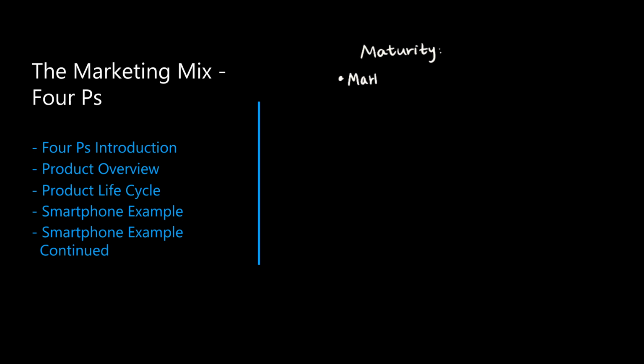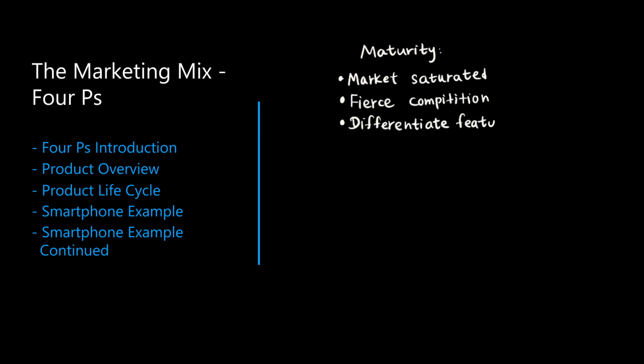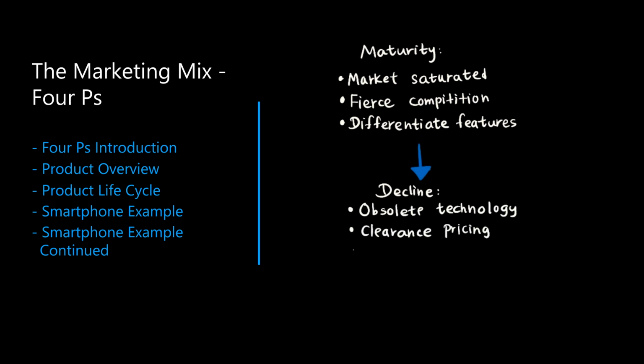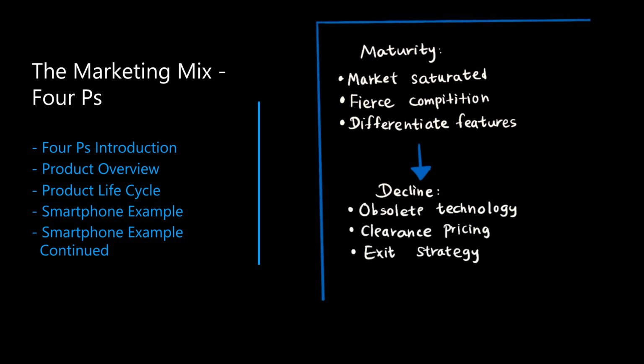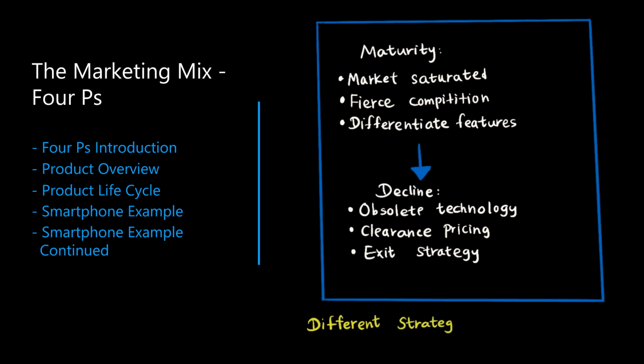At maturity, the market is saturated, competition is fierce, and companies differentiate through features or bundling. In decline, the phone becomes obsolete, and companies might use clearance pricing to move remaining inventory. Each stage requires completely different marketing strategies.